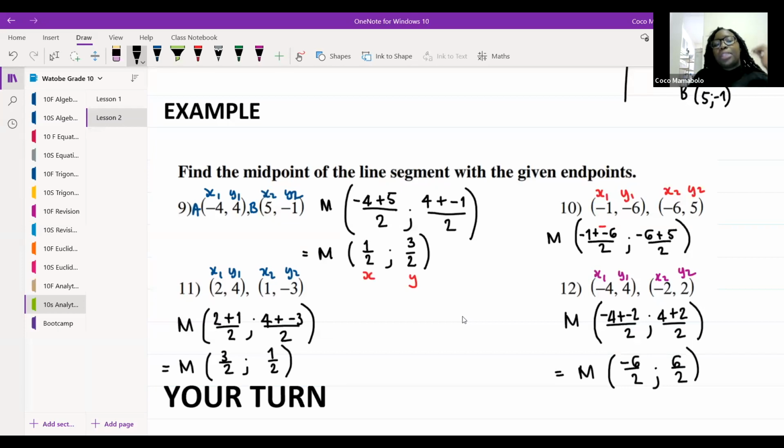Okay, but Puseleto, we don't leave it just like that, my sweetie. We need to simplify. So M, open brackets, -6 divided by 2 is -3, and 6 divided by 2 is 3.